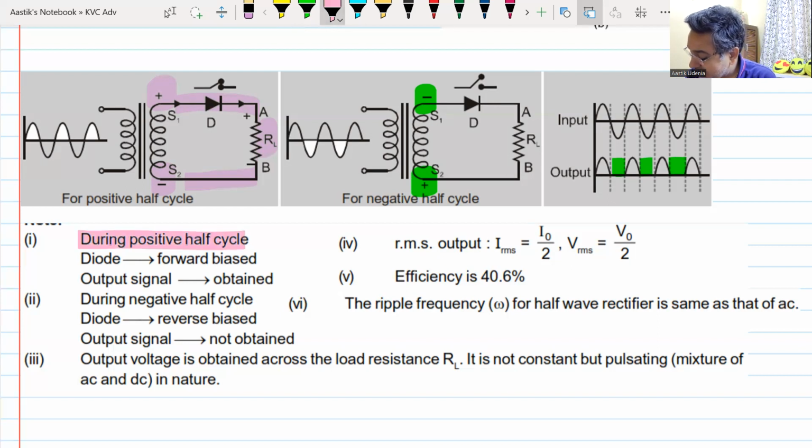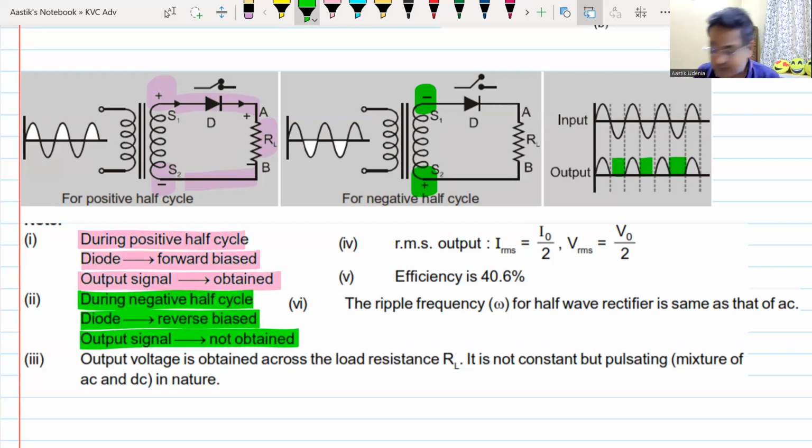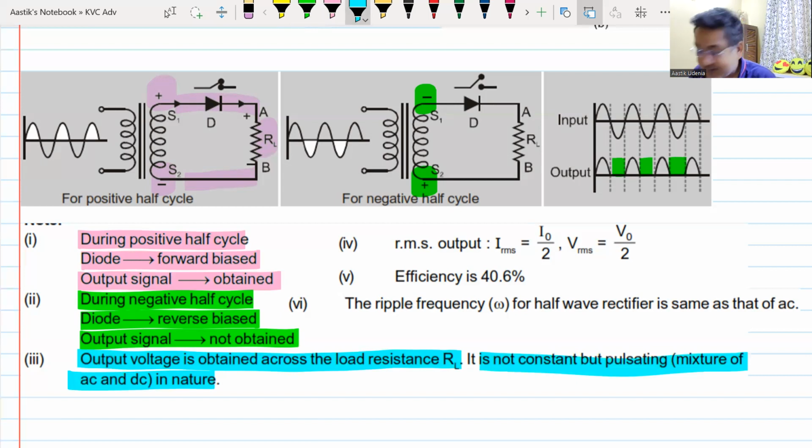What are the things that you must remember? During the positive half cycle, the diode is forward biased and a current is obtained. During the reverse cycle, the next half, it is not obtained. The output voltage is obtained across the load. It is not constant but pulsating. It is a mixture of AC and DC.